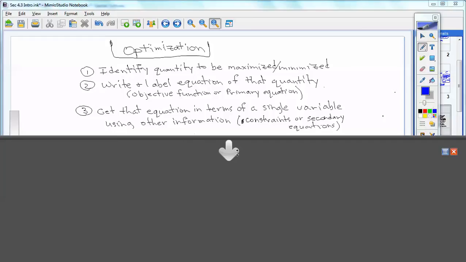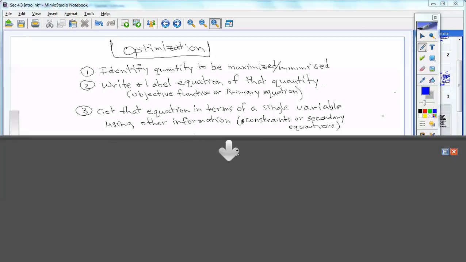Okay? So these steps are kind of new, right? These steps we didn't have to do before because we were just given the equation we were trying to maximize or minimize. And the other information that's in the problem are called constraints, or your secondary equations.